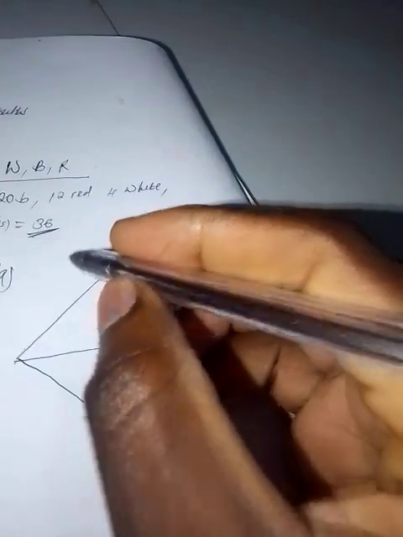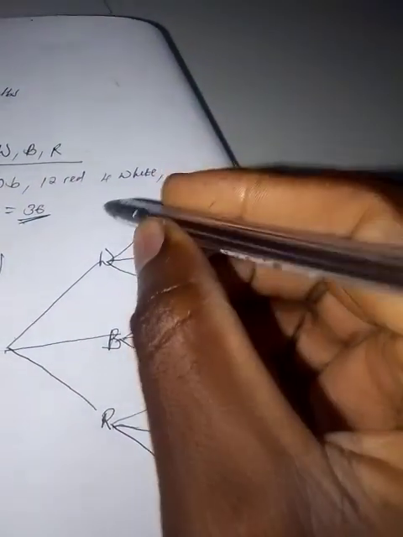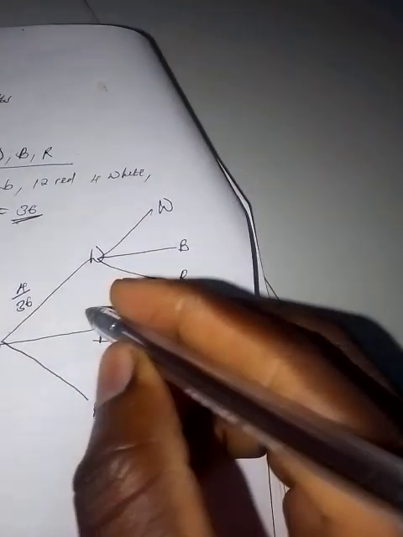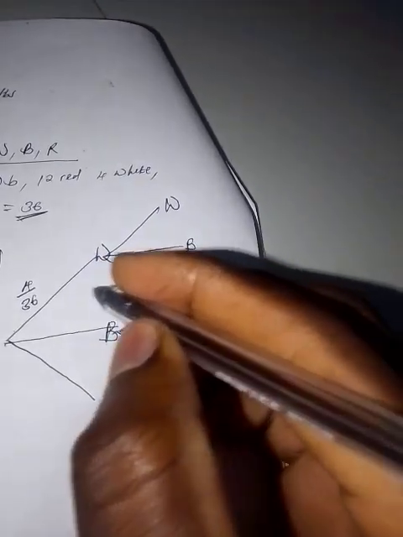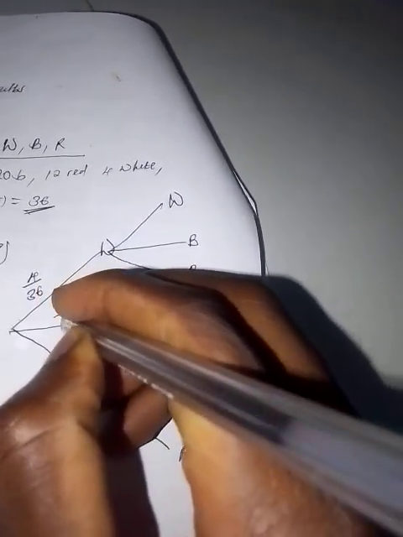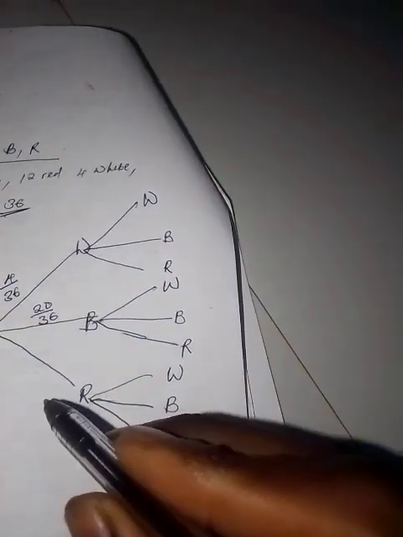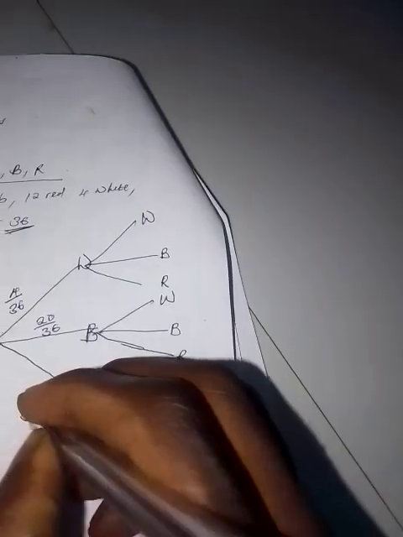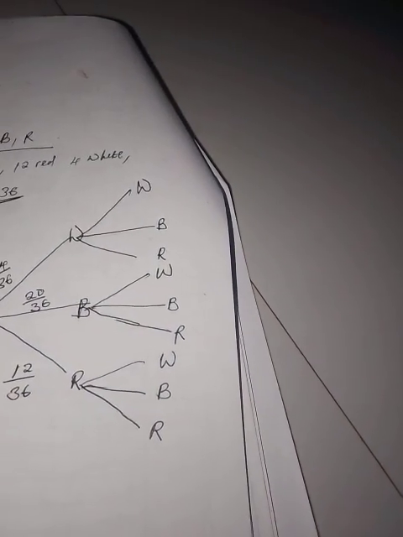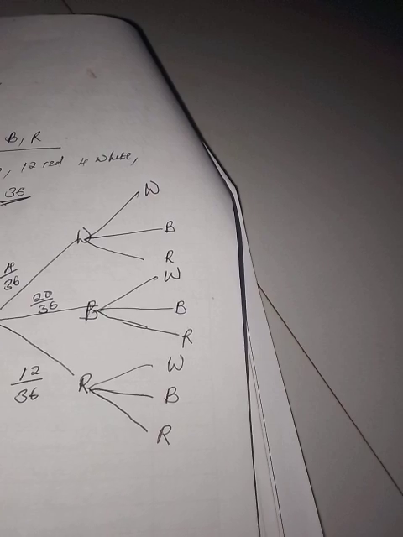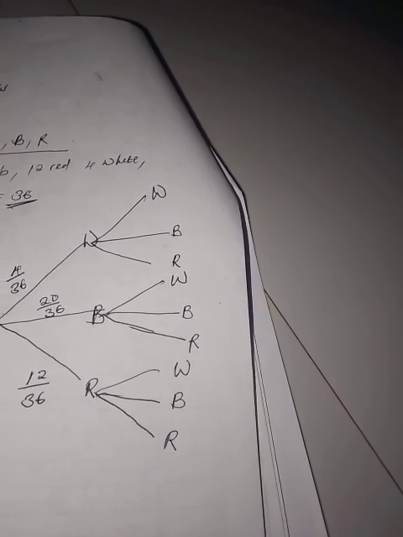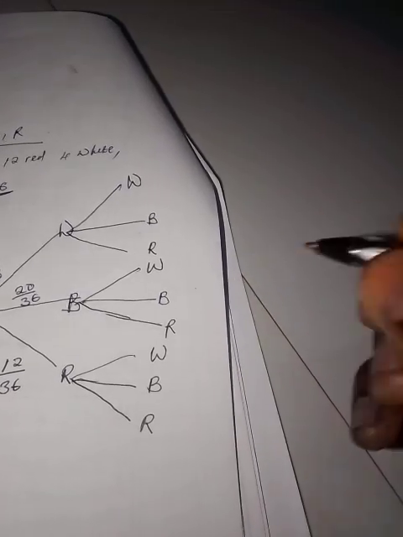So here on top we have 4 white out of 36. Then black we've got 20 out of 36. Red we've got 12 out of 36. Remember they are saying 2 buttons are selected at random from the box without them being replaced, which means the sample space has been affected.